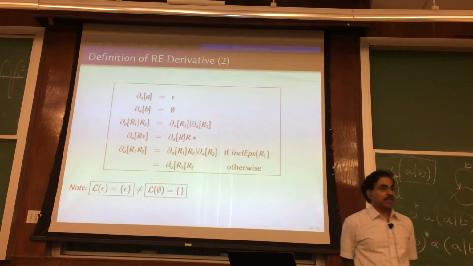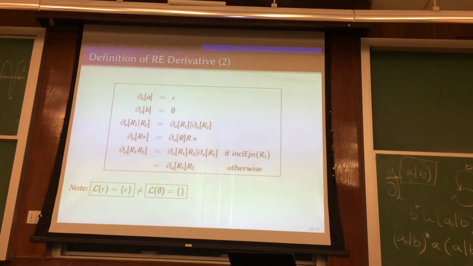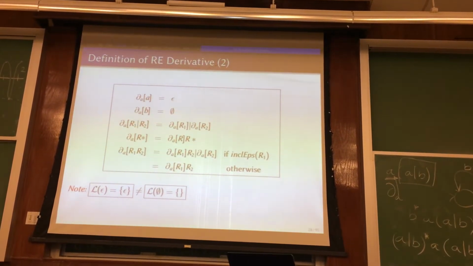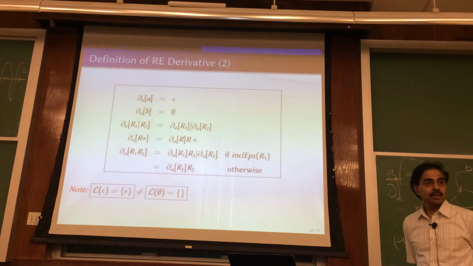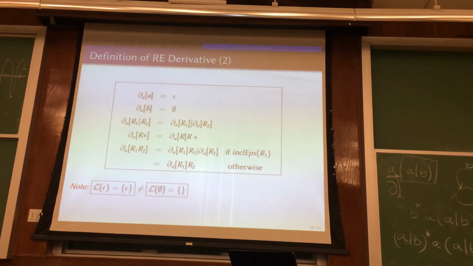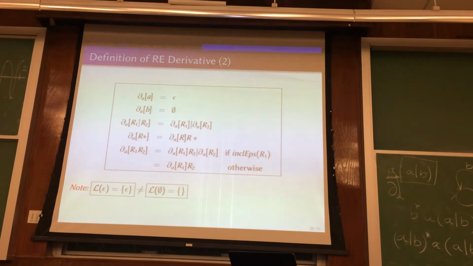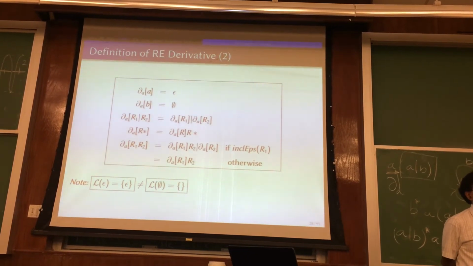But if the regular expression you are trying to match is B, and the character you're seeing is A, then you have no match, and that's what you indicate by saying it's empty. It's phi, right? So the match cannot be continued. There's a failure. Phi says match failure, whereas epsilon says match complete and you are at an accepting state.